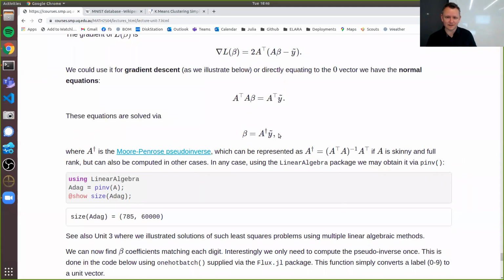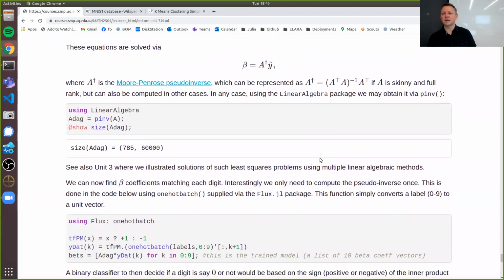I'm going to skip through the linear algebra here, but you can solve these kinds of equations using the pseudo-inverse. If a matrix is invertible, the pseudo-inverse is its inverse. But if a matrix is not invertible, it might have an invertible subspace.